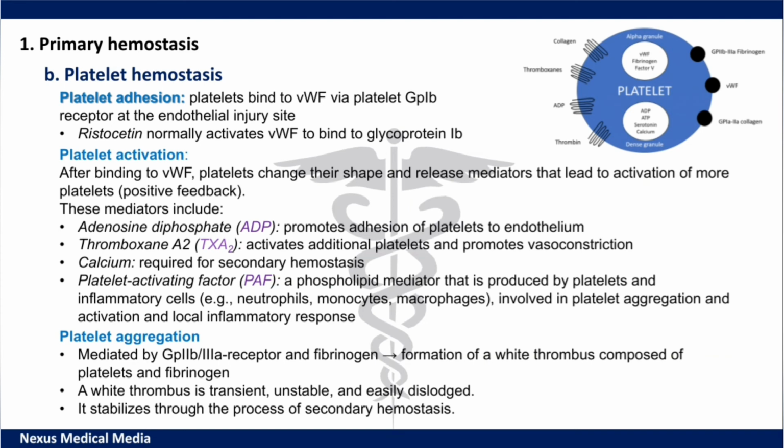Platelet aggregation. This is mediated by glycoprotein 2b3a receptor and fibrinogen. This will lead to formation of a white thrombus composed of platelets and fibrinogen. A white thrombus is transient, unstable, and is easily dislodged, so it will be stabilized by secondary hemostasis.